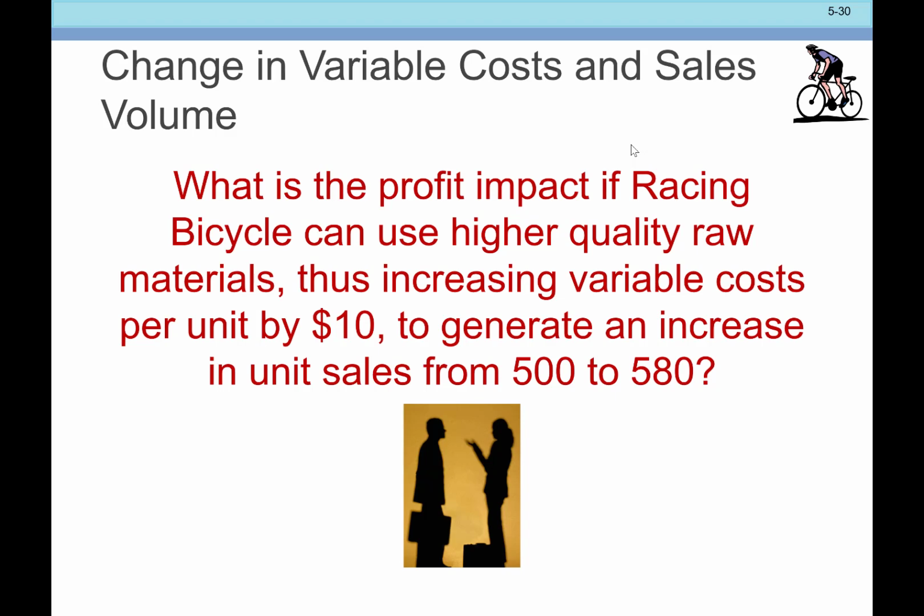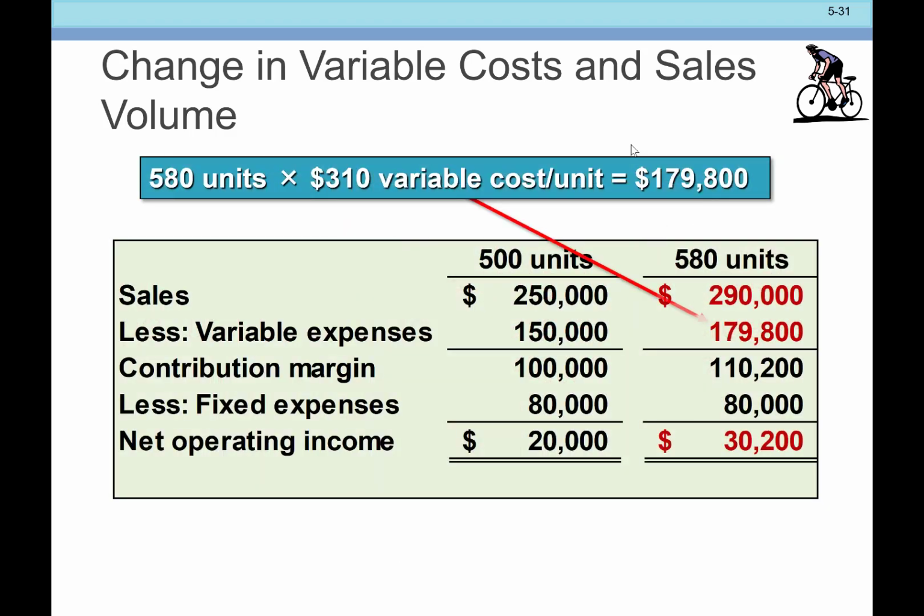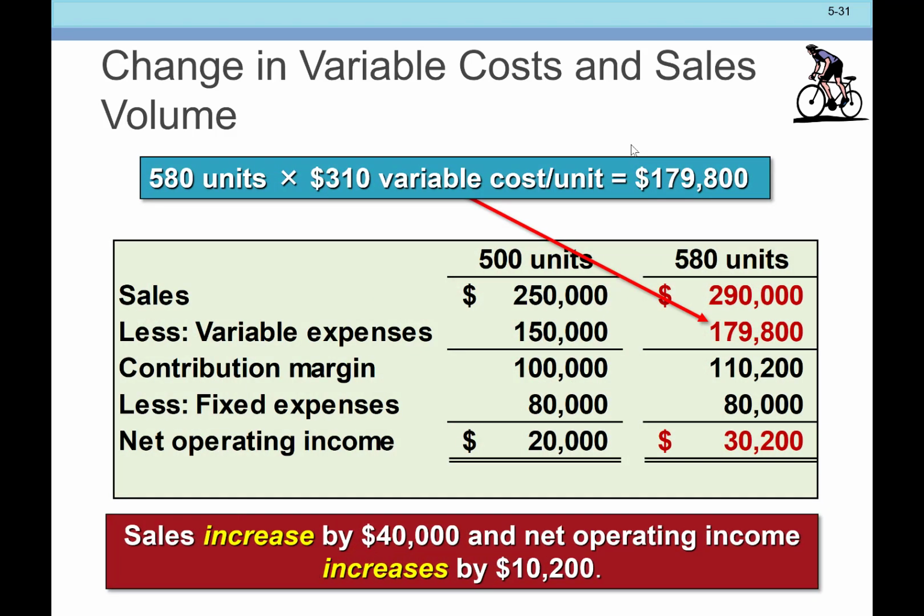So now I'm going to go ahead and pull out the full contribution format to look at this one. It's 580 bikes now times 500, which would generate revenue of 290,000.